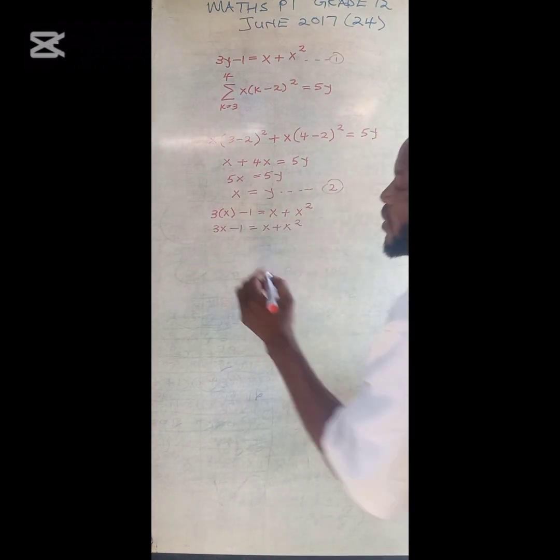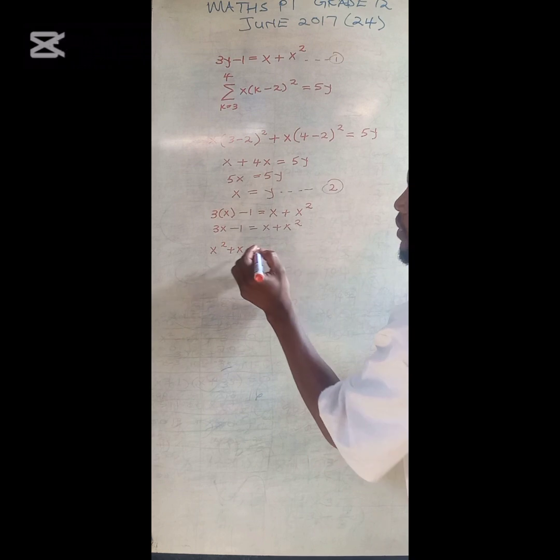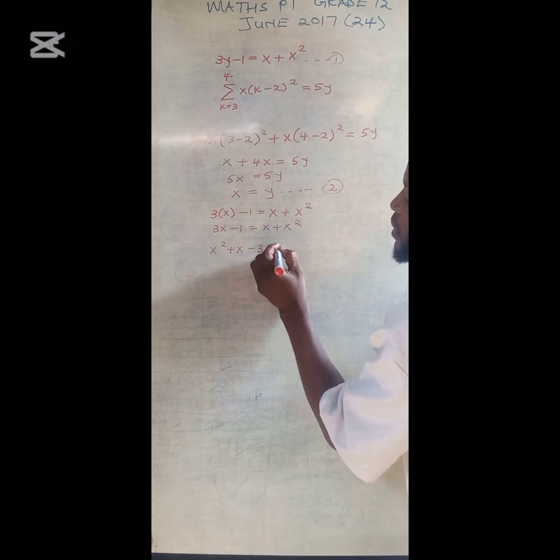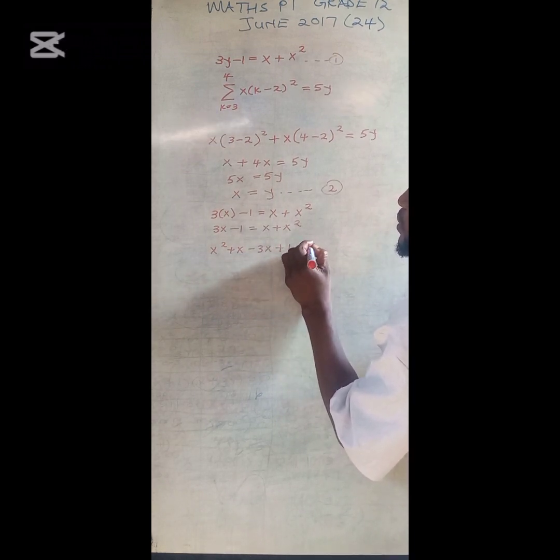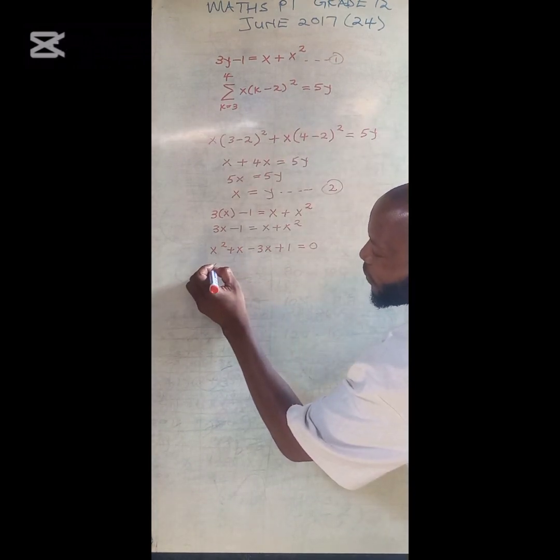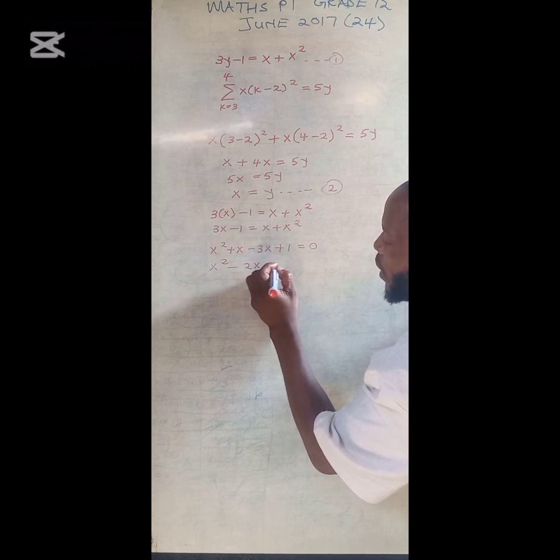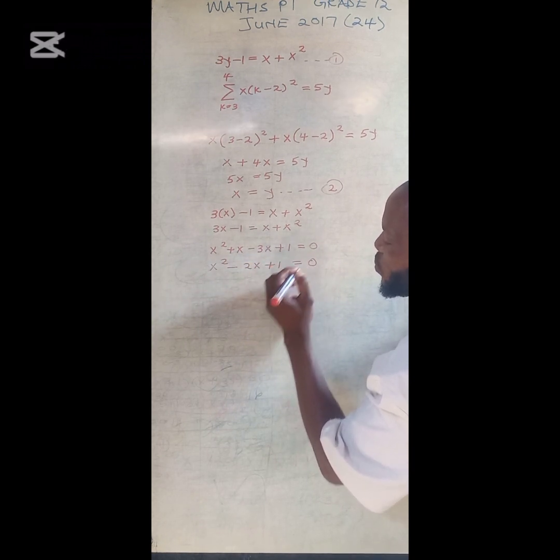Let us take everything to one side. So x squared plus x minus 3x plus 1, here it will be positive, is equal to 0. We took everything to that side. So x squared minus 2x plus 1 is equal to 0.